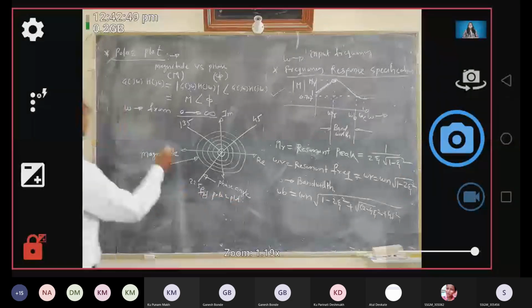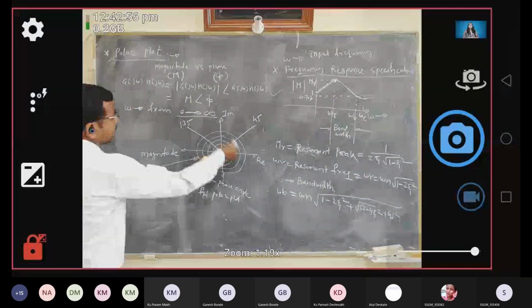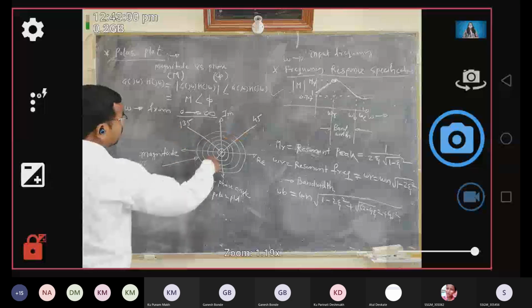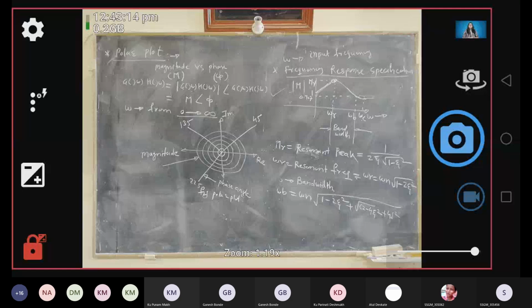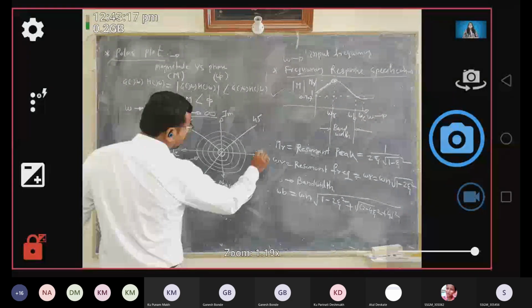So polar plot is a graph of magnitude versus phase angle, where the concentric circles represent the magnitude and the lines represent the phase angle. The angle is measured in the clockwise or anti-clockwise direction with respect to the reference axis.